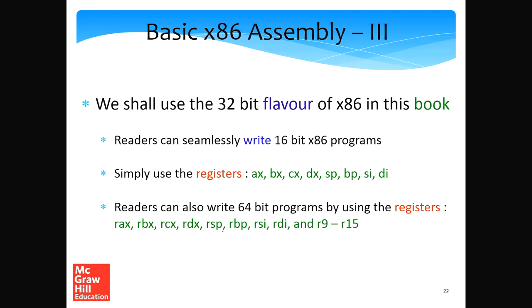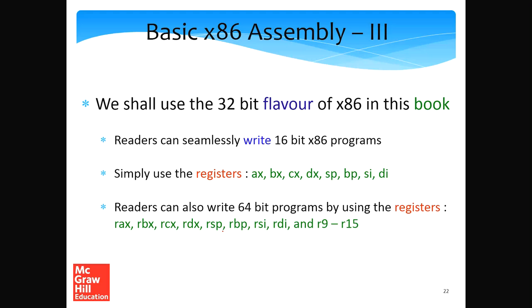So what are some of the other rules? We shall use the 32-bit flavor of x86 in this lecture. The readers can seamlessly write, as I have said, 16-bit x86 programs, no difficulty at all. Simply use the registers AX, BX, CX, DX, SP, BP, SI and DI. All the programs that we write can easily be converted into 16-bit programs. Sometimes some additional suffixes need to be changed in the instructions.